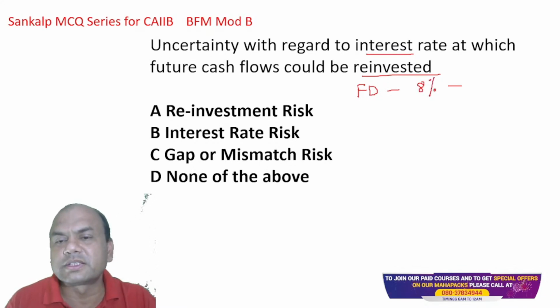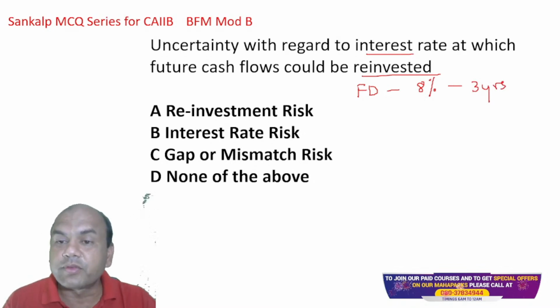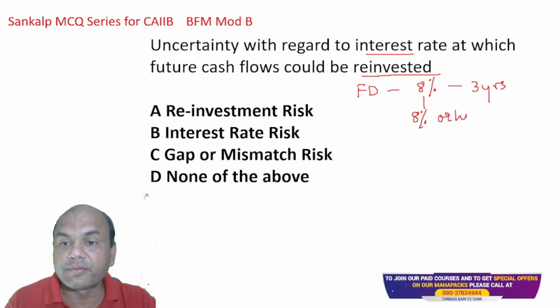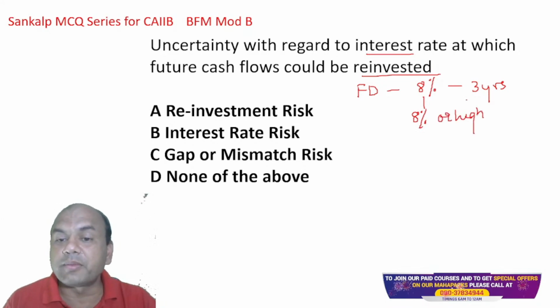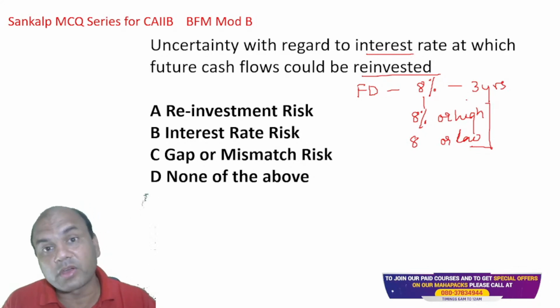This FD is for, let's say, 3 years. So what is the reinvestment risk, or what is the risk in this? After 3 years, will I be getting the same rate of interest of 8%, or higher, or lower? So this is known as which risk?